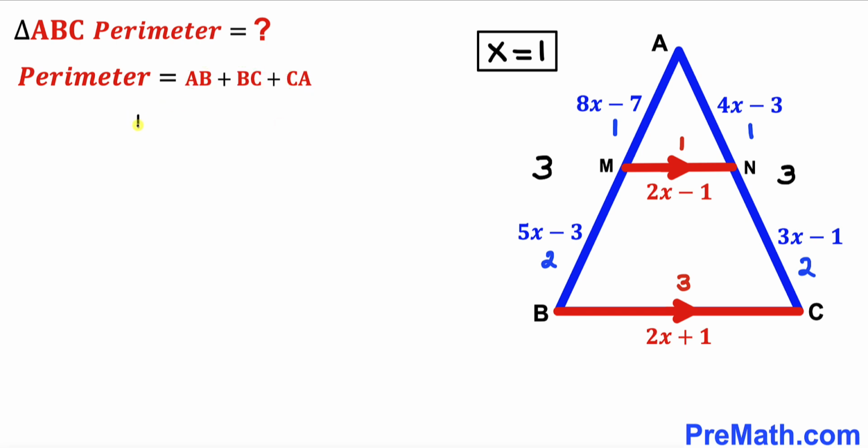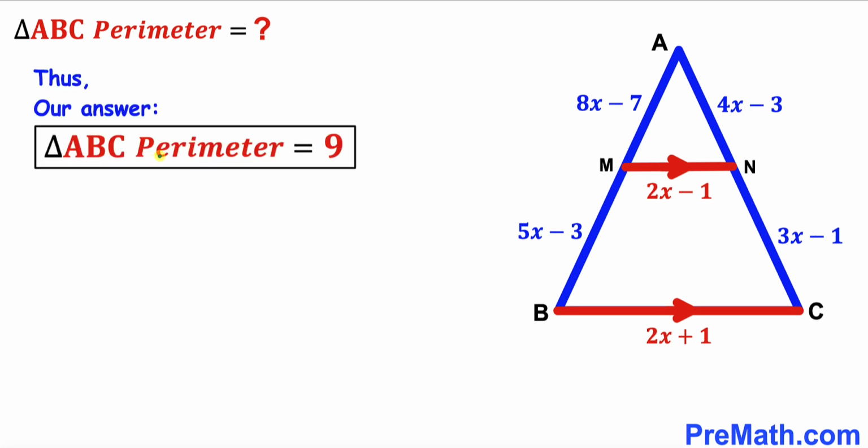So the perimeter of this triangle ABC is going to be 3 plus 3 plus 3, which gives us 9 units. Thus the perimeter of triangle ABC turns out to be 9 units, and that's our final answer.